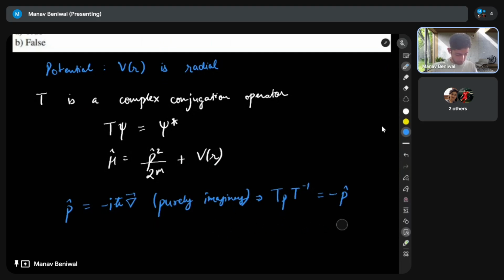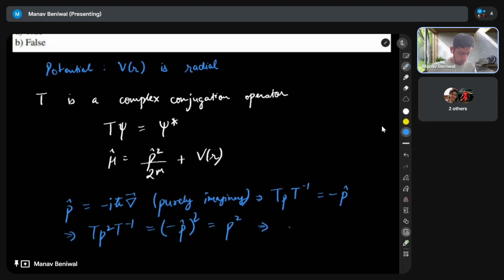Because here we have p square, T p squared T inverse will give us minus p squared, which is p squared.